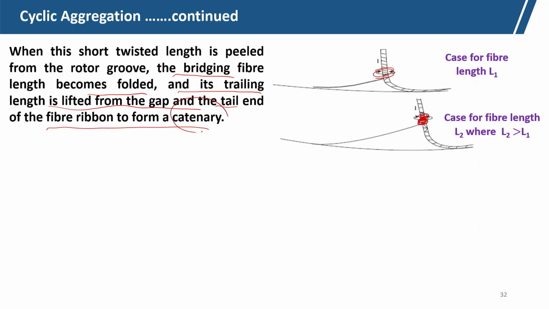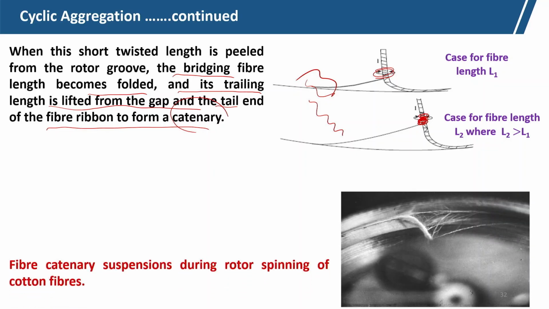So, this tail end is like the floating end of a chain, and it will move randomly, like a catenary. Here we can see the tail end of the yarn, and where the bridging fibers are attaching during the rotor spin.